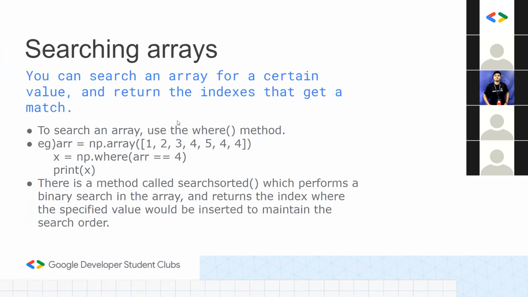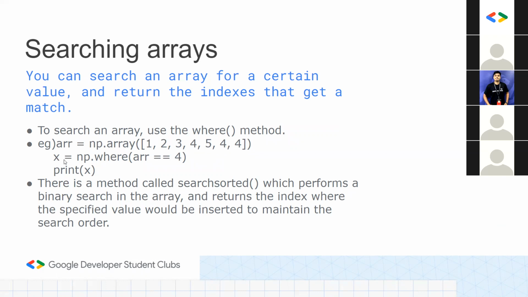Now let's cover the concept called searching. You can search an array for a certain value and return the indices that get a match. To search an array, we use the where method. So let's consider this example where we have a NumPy ndarray and a sequence with multiple 4s.